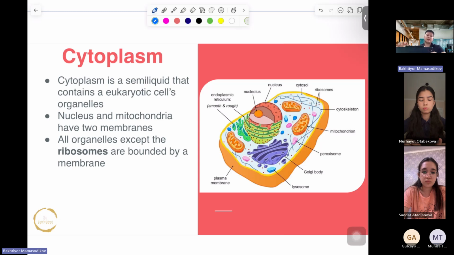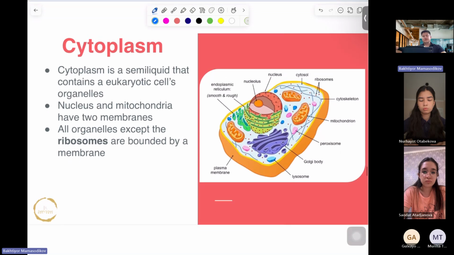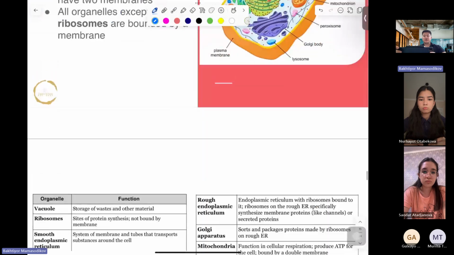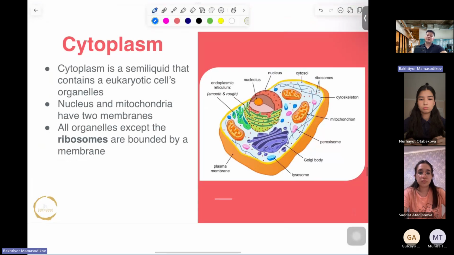What are the organelles? Vacuole. Something. Yes, we will learn all the organelles, and you will learn them by heart. So cytoplasm is the semi-liquid.